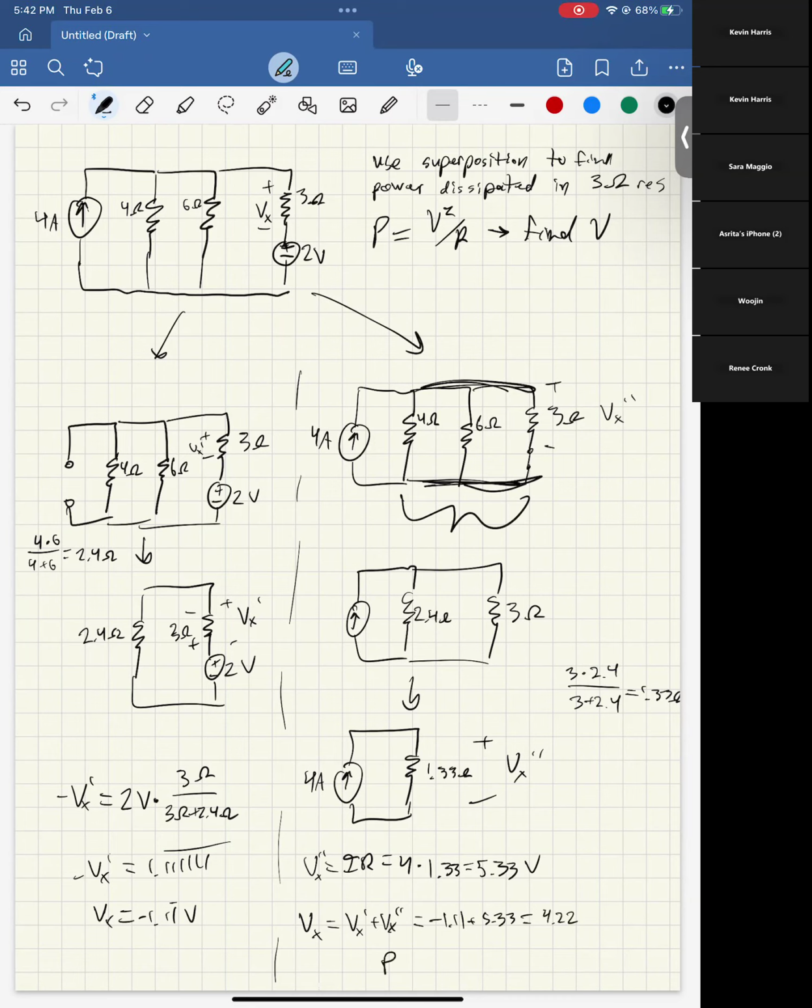And then power is V squared over R, which is 4.22 squared over 3, which gets us 5.94 watts.